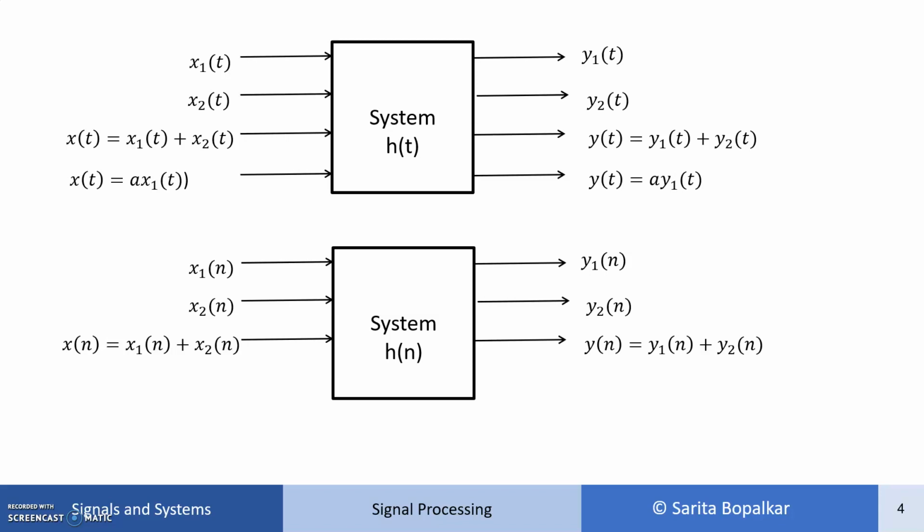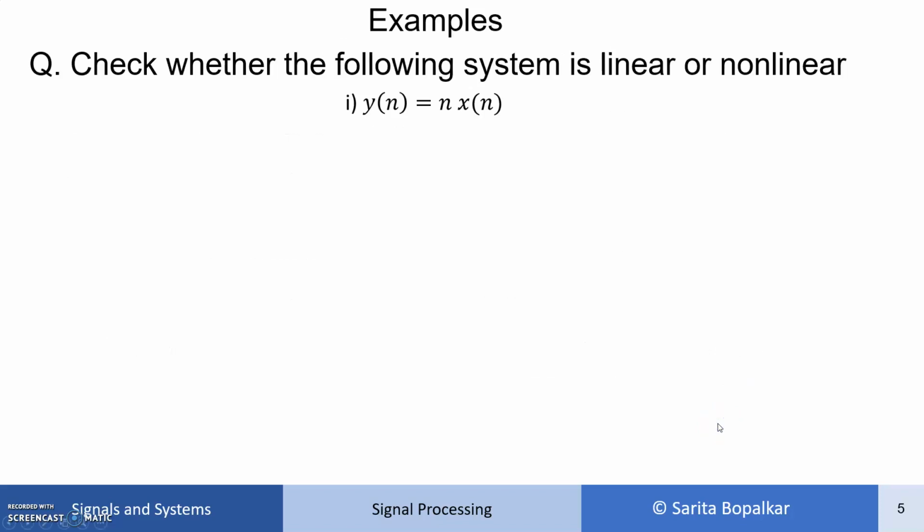If this principle is satisfied, our system is a linear system. Similarly, if the input gets scaled by some constant, the output also gets scaled by the same constant. So to check whether the system is linear or not, we have to check whether it satisfies the superposition principle. If it does, the system is a linear system.